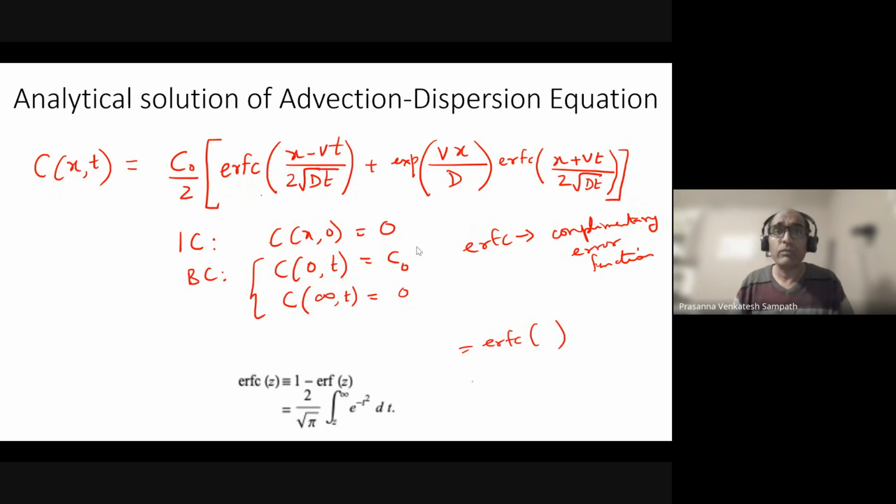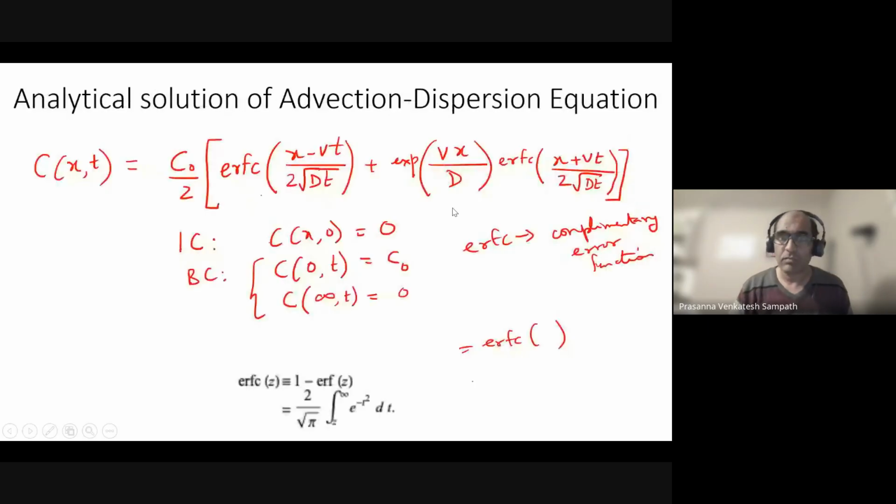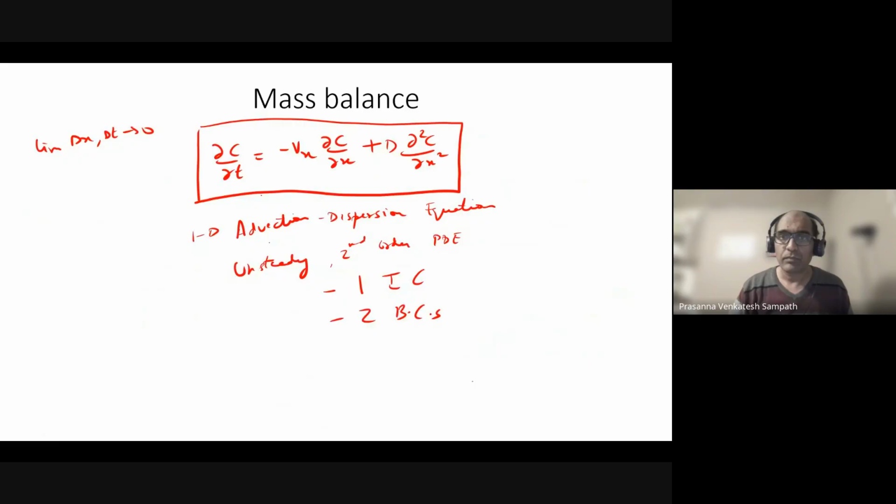Okay, but before we get to that, let us spend maybe a couple of minutes on the Taylor series expansion. This is a refresher, and you will see how this helps us with solving this particular problem. Just keep in mind that our original equation is of this form: dou c by dou t equal to minus Vx dou c by dou x plus D, the dispersion coefficient, times dou square c by dou x square.